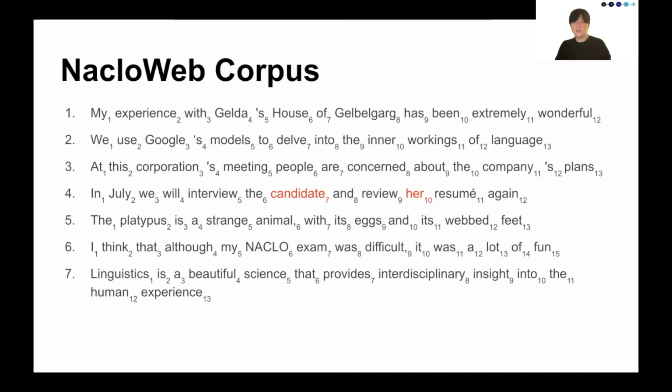We are interviewing the candidate and we are reviewing her resume. As we understand it, of course, the person whose resume is being reviewed in the second clause is most likely the candidate from the first. So "candidate" and "her" are co-referent. So we connect "her" to "candidate", noting the direction, or 10 to 7.